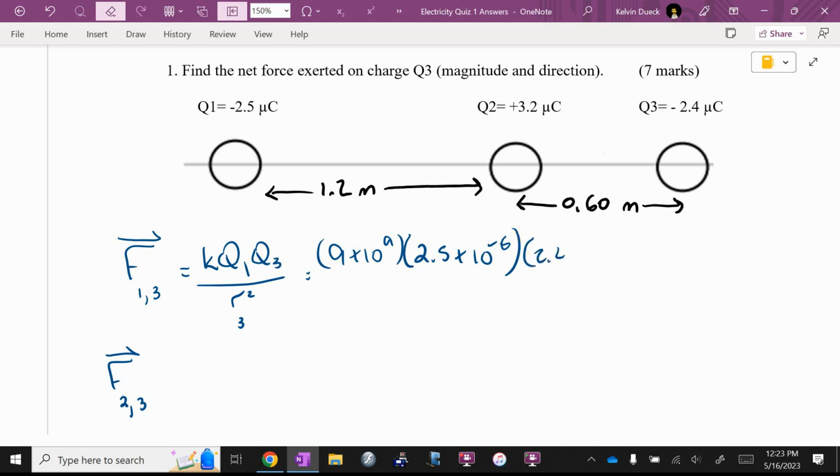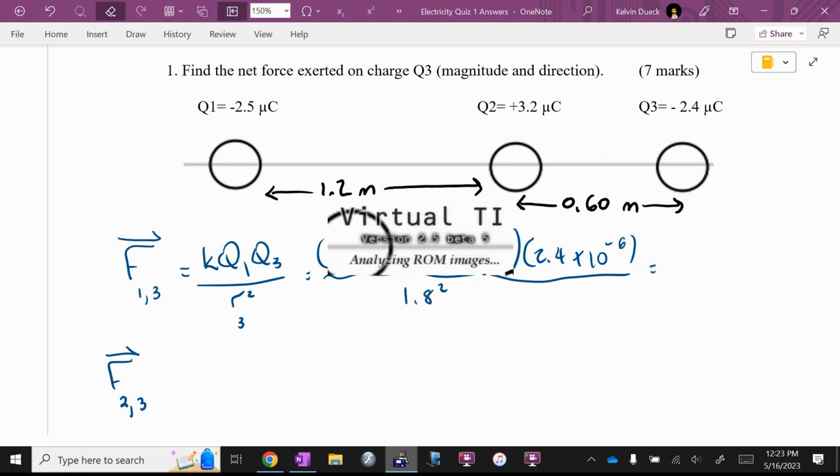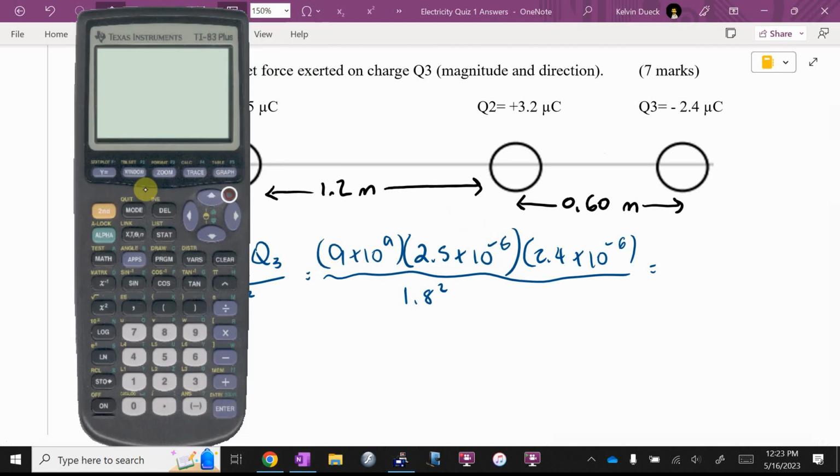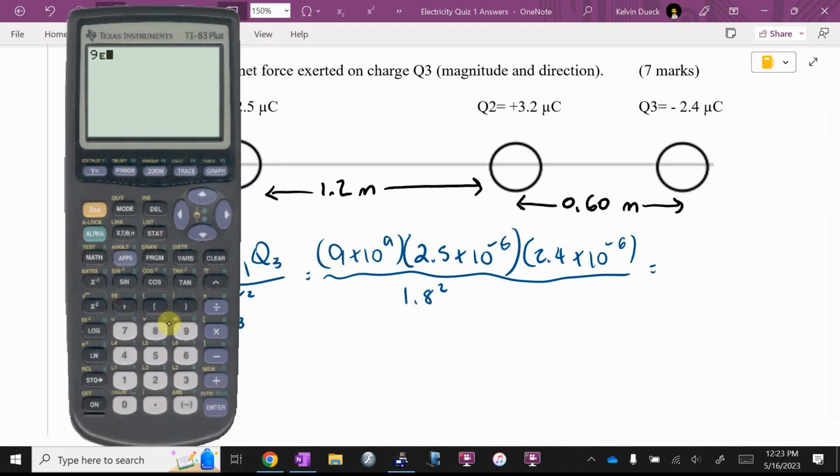Q3, 2.4 microcoulombs, all over 1.2 plus 1.8. Don't forget the squared. The force between 1 and 3, magnitude, is going to be 9 times 10 to the 9th, 2.5 times 10 to the negative 6, 2.4 times 10 to the negative 6, divided by 1.8. Don't forget the squared. I get 0.01 and then 6 repeating. Is that right for the first one?